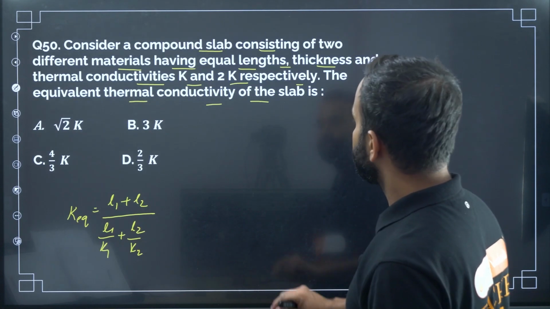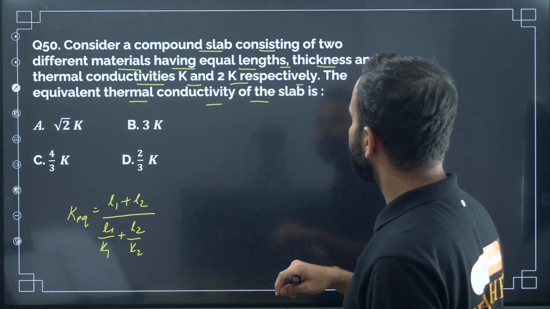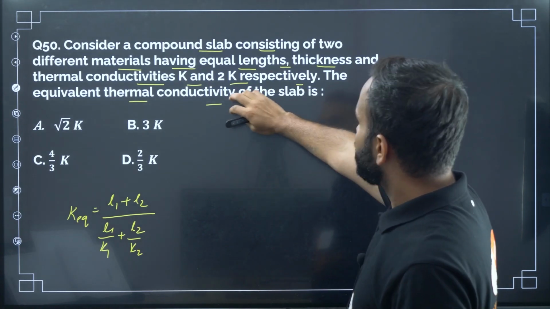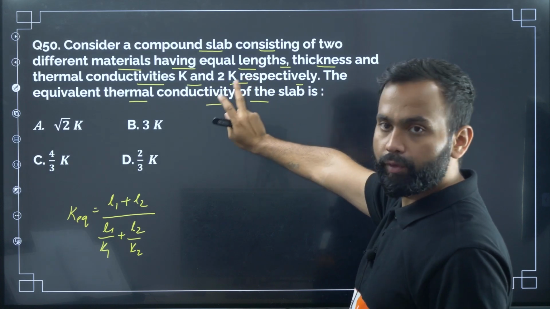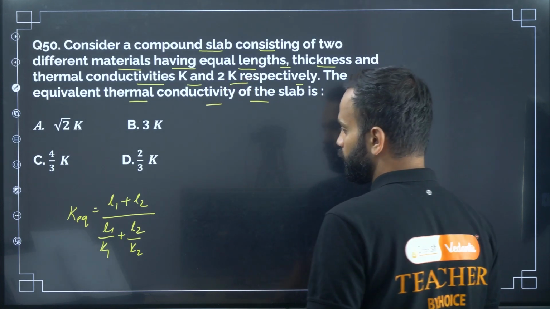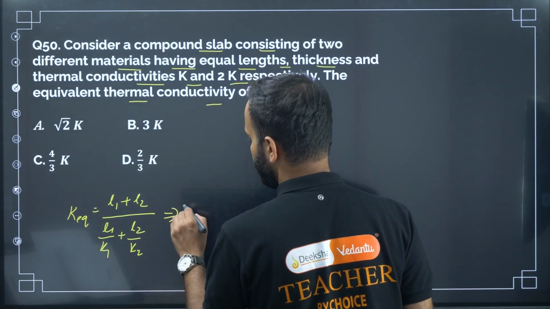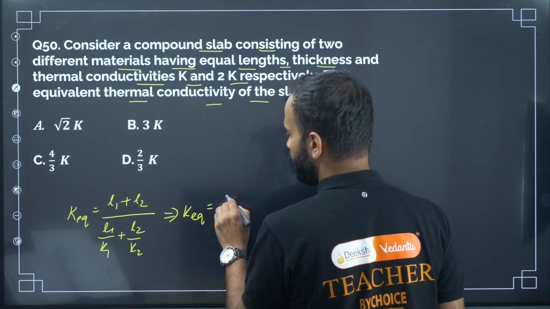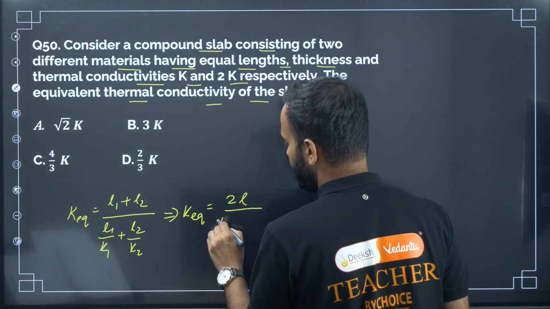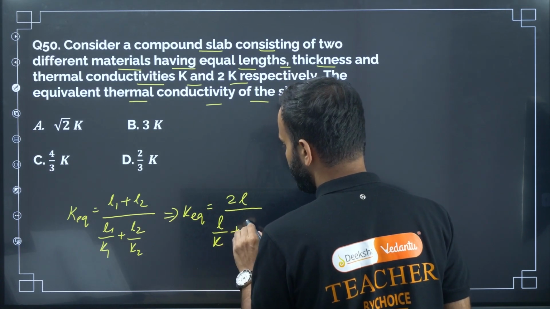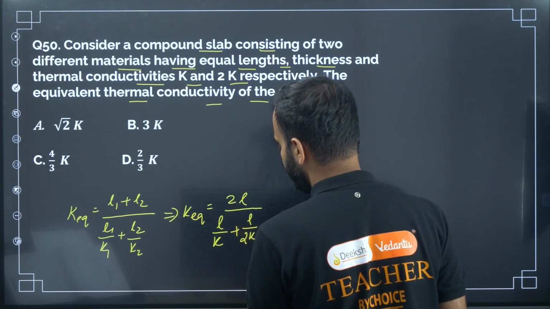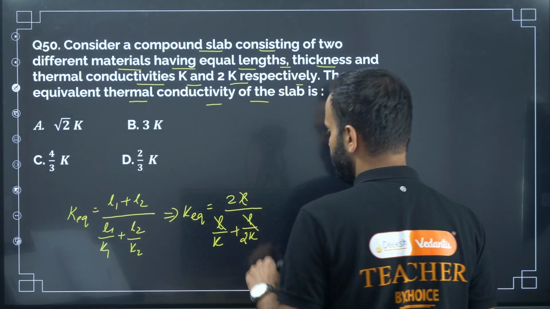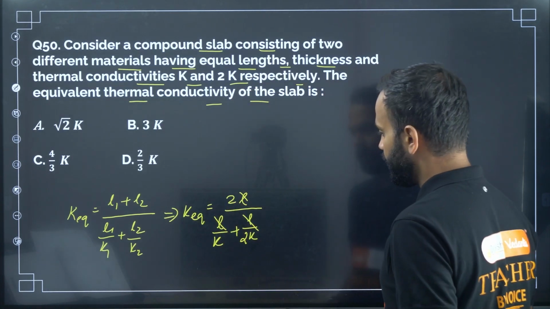Okay, so the materials are different, right? So two different materials having equal lengths, that is L1 equal to L2, which is equal to L. So K equivalent is equal to 2L divided by L divided by K plus L divided by 2K. So anyway, L will get cancelled, right?